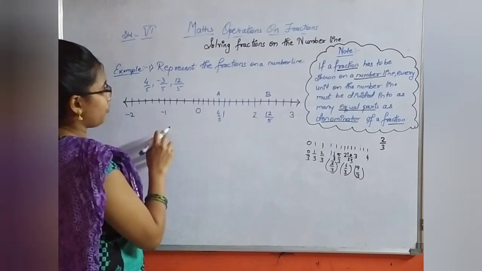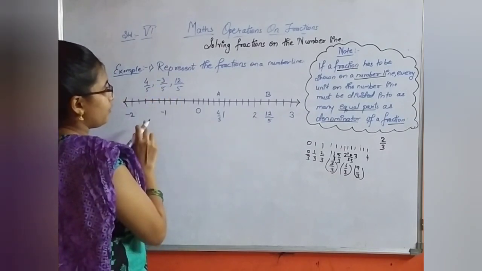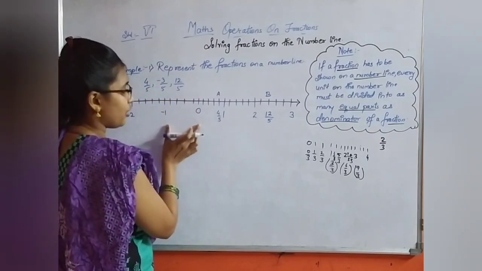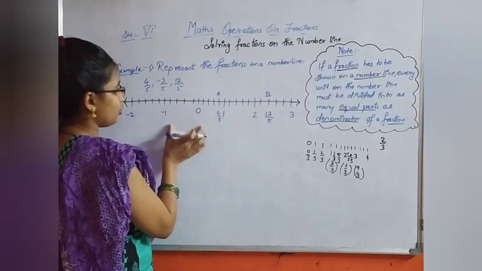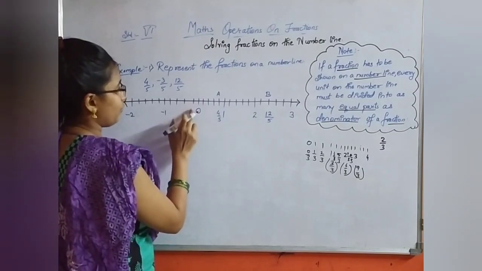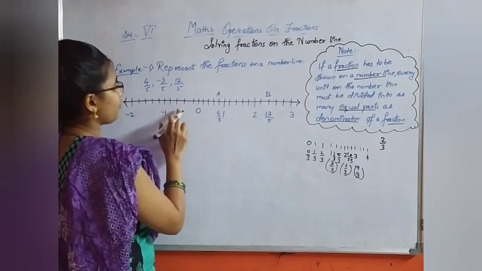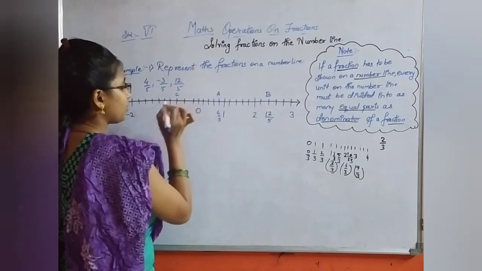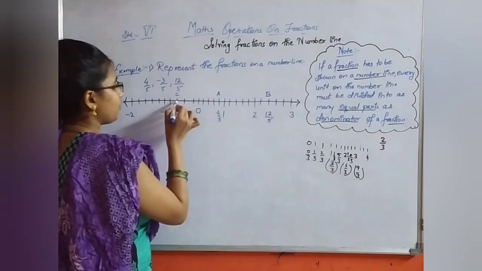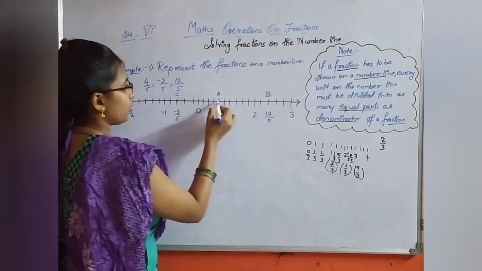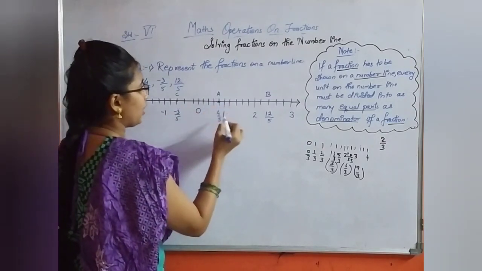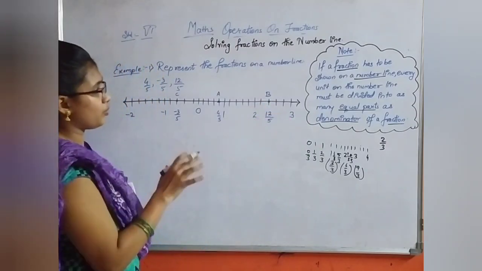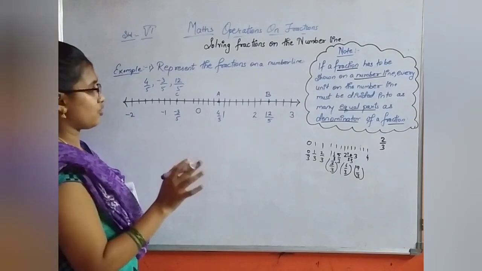Which is the bigger number, minus 3 upon 5 or minus 5 upon 5? Minus 3 upon 5. So minus 3 upon 5 will come after minus 2 upon 5, between these units. I will mark it as C. So the point C is one answer, A is one answer, and B is one answer. This way you will be plotting in your book as well.